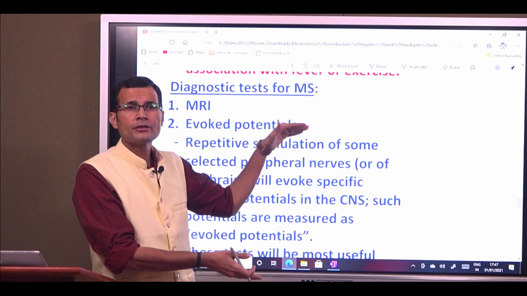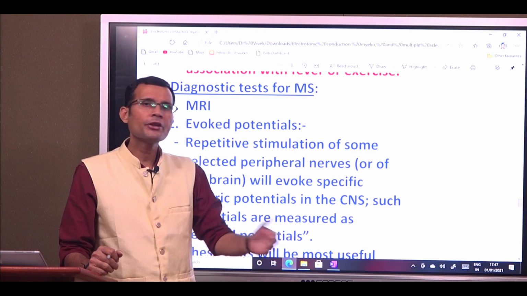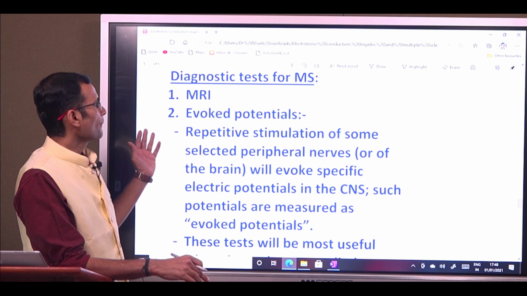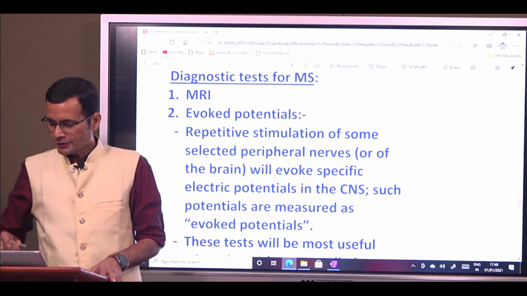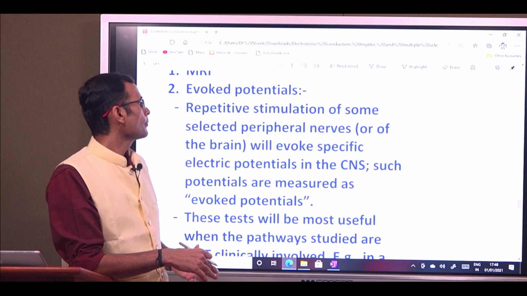Let's now finally discuss the diagnostic criteria and the treatment strategy. Basically, the diagnostic tests are MRI and evoked potentials. This is related to physiology, so I thought I'll include it.